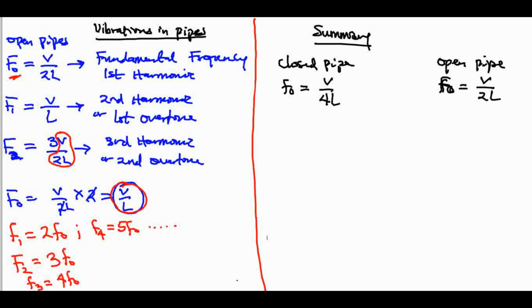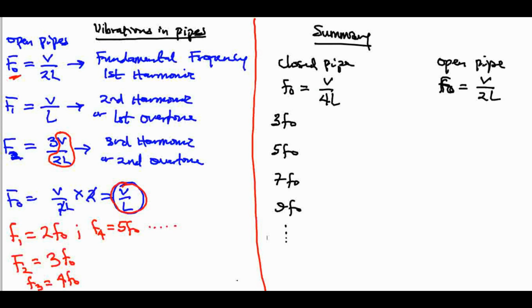The higher configurations for a closed pipe will be the odd number multiples. We only have odd number harmonics present for a closed pipe. So immediately after the fundamental for a closed pipe, the next thing we're going to have is 3F naught. Then from 3F naught, we will have 5F naught, then 7F naught, then 9F naught, and so on and so forth.